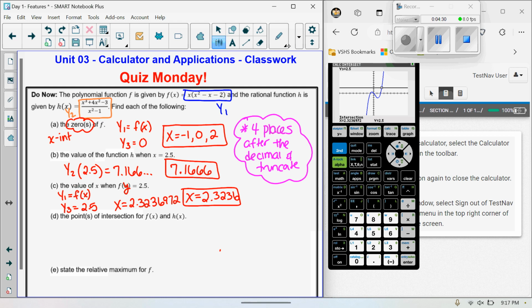Now I want a point of intersection. So remember, a point is x comma y. So I'm going to go back to my y equals. I can delete my y3. I no longer need it. But I do want to turn my y2 back on. So I'm going to scroll over to my equal sign, turn that back on. Zoom 6. I see 2 points of intersection. Second trace 5.